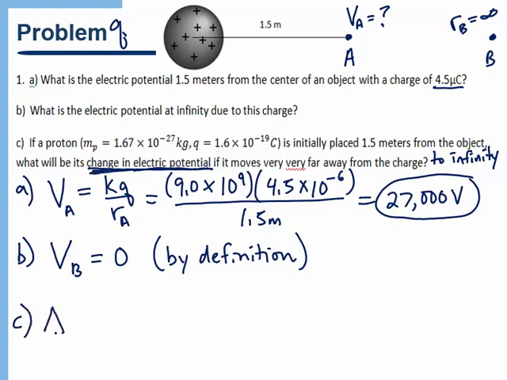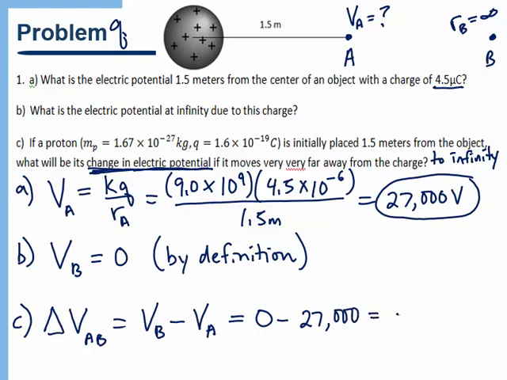So the electric potential difference in going from point A to point B is just the potential at B minus the potential at A. So that's going to be 0 minus 27,000, or negative 27,000 volts. So that is the electric potential difference between those 2 points in space.